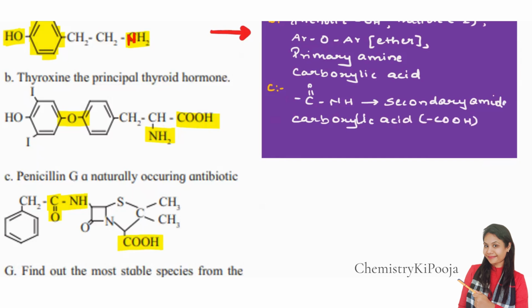Coming to one more functional group. This N is again bonded to a carbonyl group, C double bond O. So I can write it as C double bond O and N. Always remember, if it is C double bond O, NH2, this is a primary amide. If I remove one hydrogen, it becomes a secondary amide.